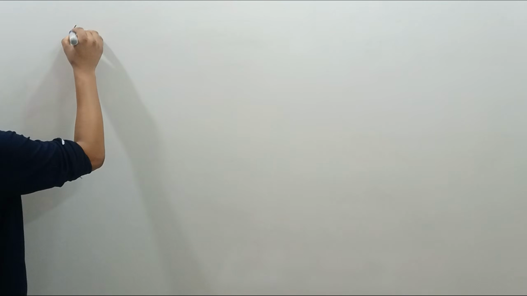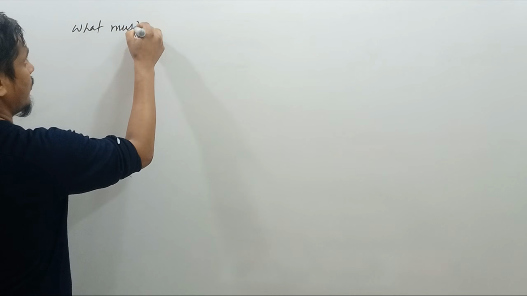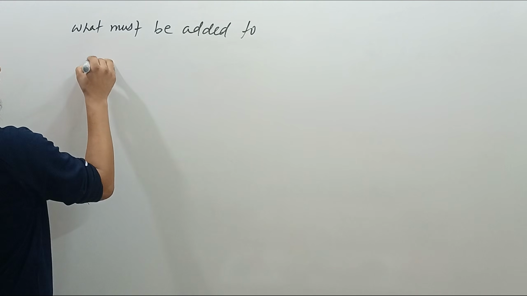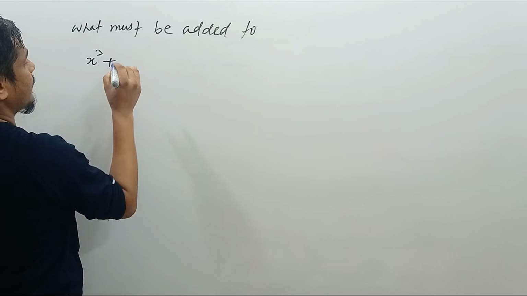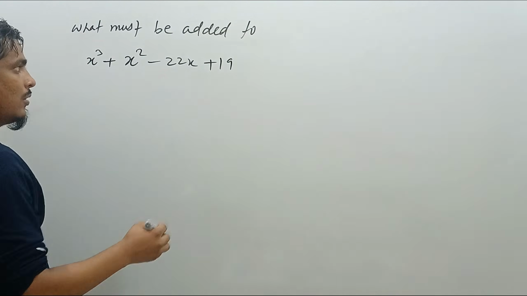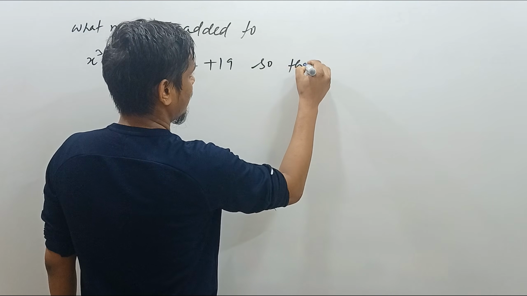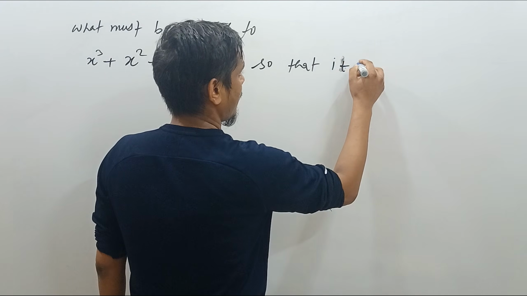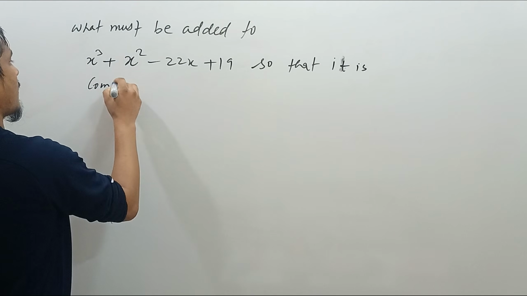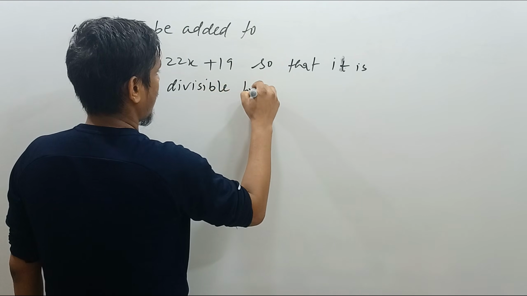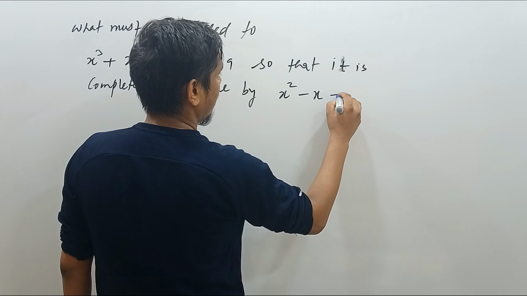So our next question is: what must be added to the polynomial x cube plus x square minus 22x plus 90 so that it is completely divisible by x square minus x plus 7?